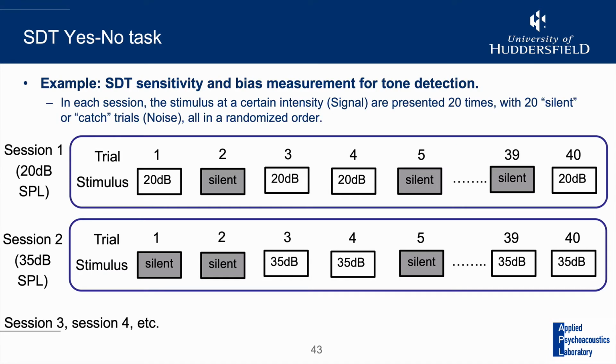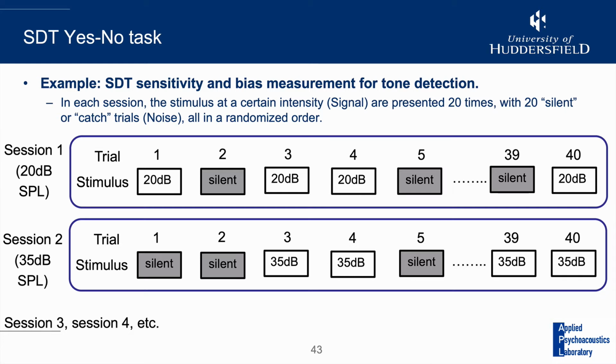When designing an SDT experiment, it's important to remember that we need to include noise trials as well as signal trials. In the method of constant stimuli test, we only had signal trials presented in a random order. But to allow for SDT analysis, for each stimulus intensity, we must have the same number of signal and noise trials presented repeatedly in a randomized order.